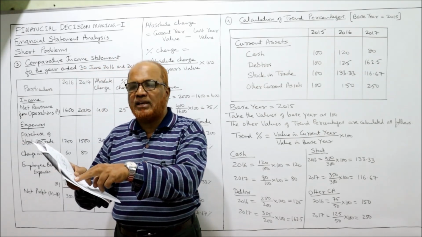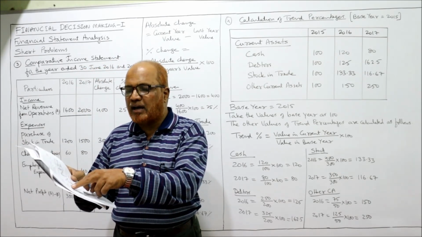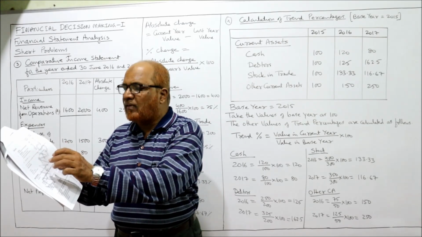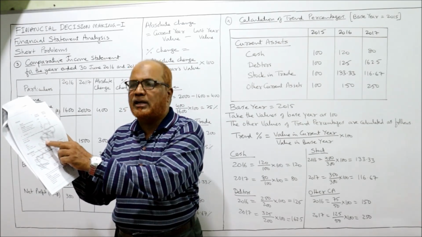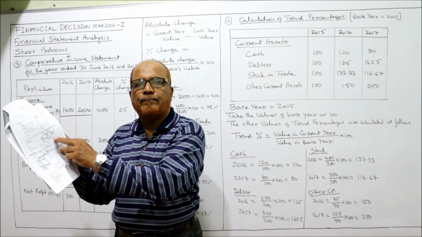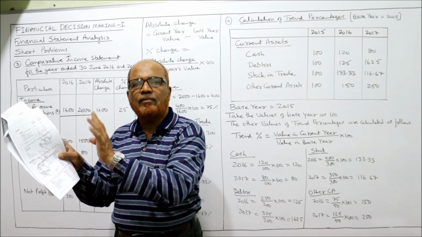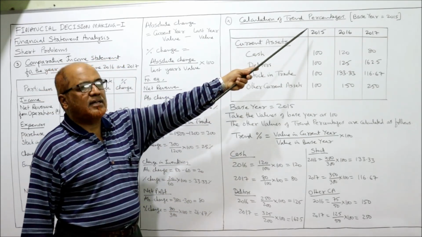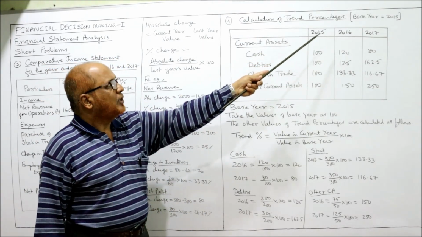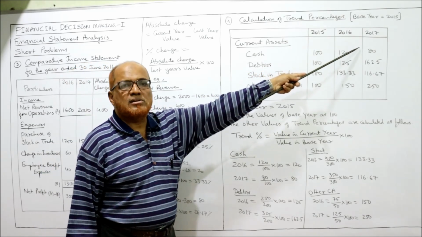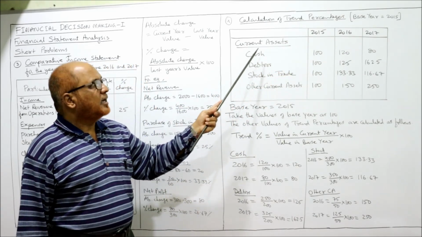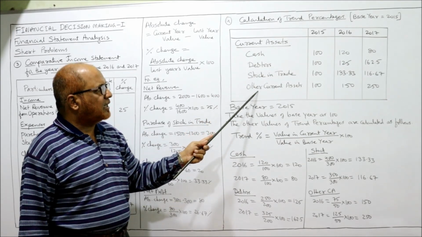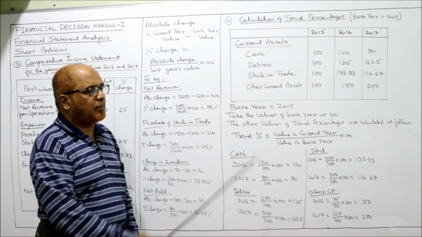Now current assets are given: cash, debtors, stock in trade and other current assets. All the values are given for 2015, 2016 and 2017. We have to calculate trend percentages. Now, calculation of trend percentages, base year is 2015. These 4 items are given in the problem.